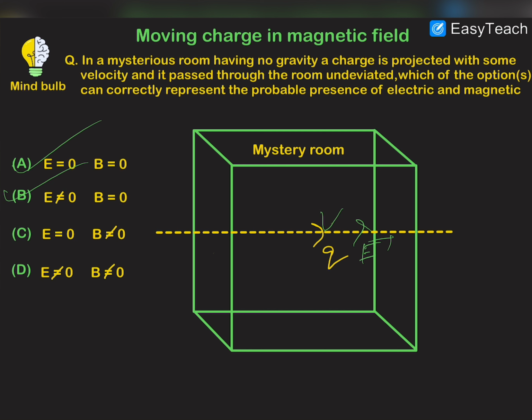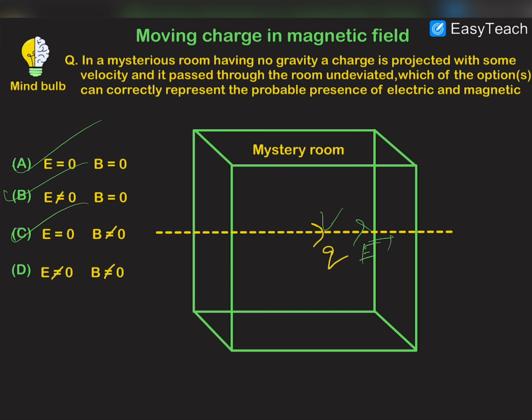C option can also be correct, because if E is zero and B is non-zero, and if the magnetic field is parallel to the velocity, then their cross product would be 0, so there would be no force acting on the charge. And D option, that electric field is non-zero and magnetic field is also non-zero, can also be the case, as we can imagine that velocity, electric field and magnetic field are all in the same direction.